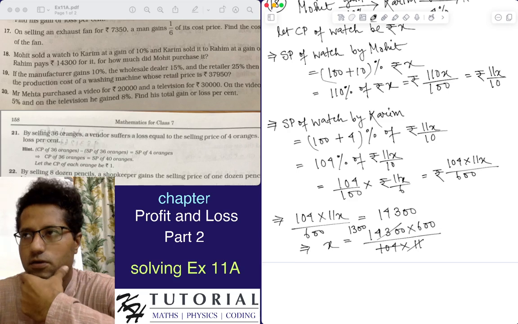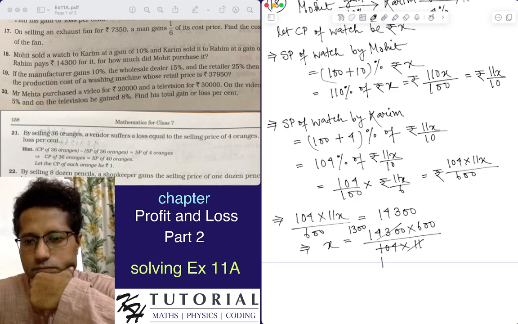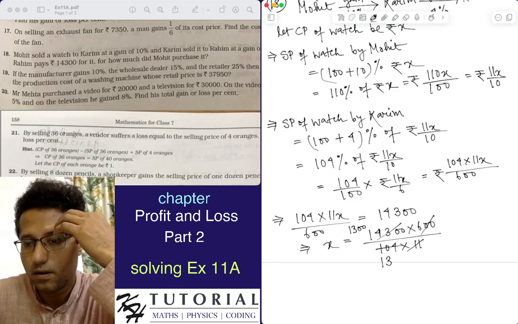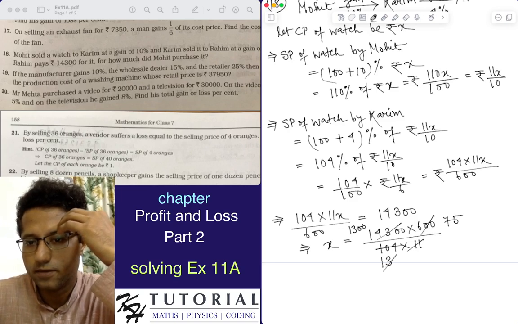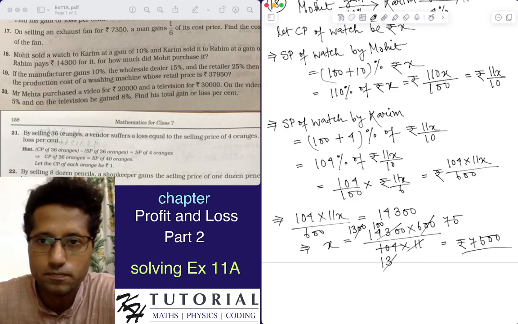Will 8 divide 1000? Yes. So 8 divides 104 with 13, and 8 divides 1000 with 125. Now 13 divides 1300 with 100. So this equals rupees 7500.